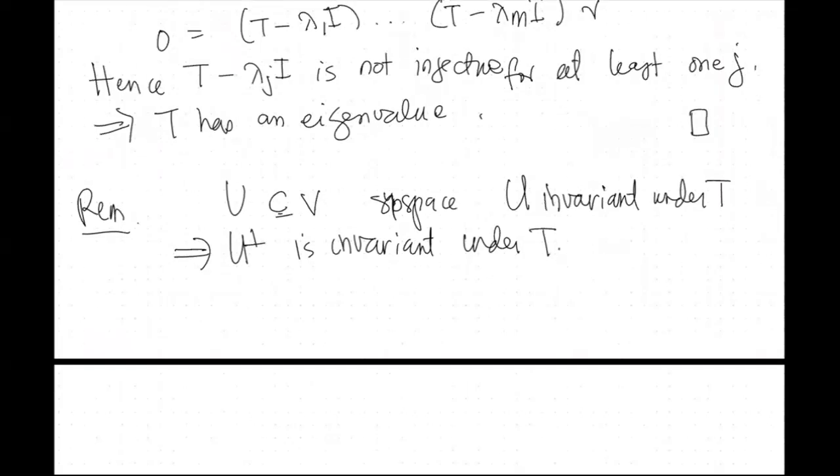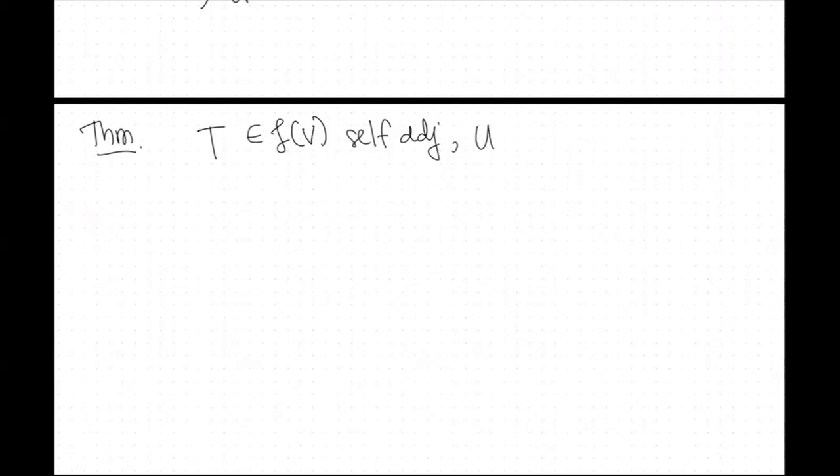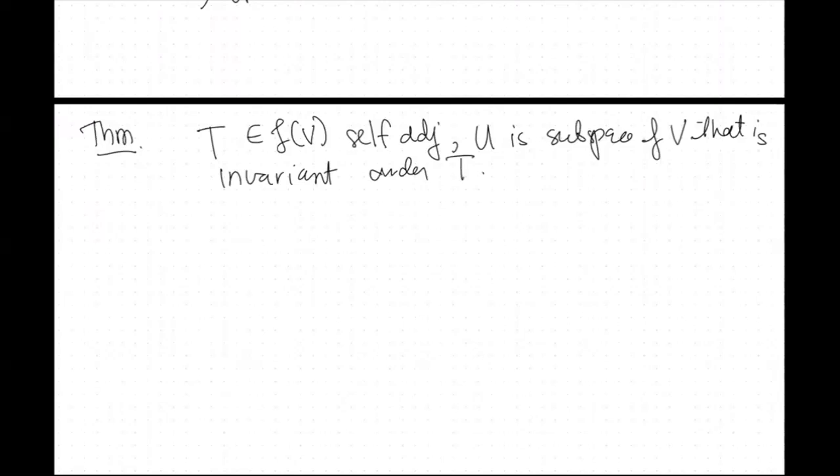Okay, let me state this as a theorem, and then I will leave the proof as an exercise. I will just outline the first one. T, a linear operator on V, self-adjoint. U is subspace of V that is invariant under T, then the following holds.